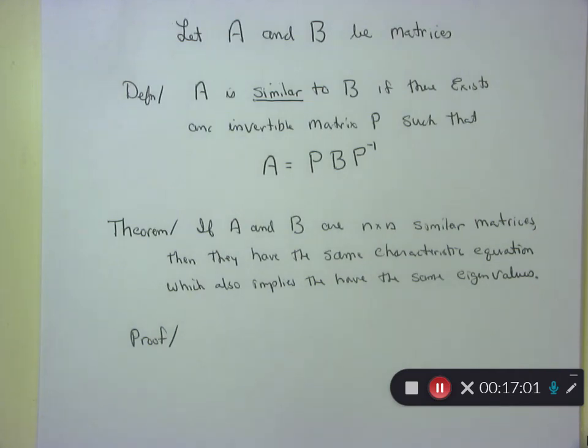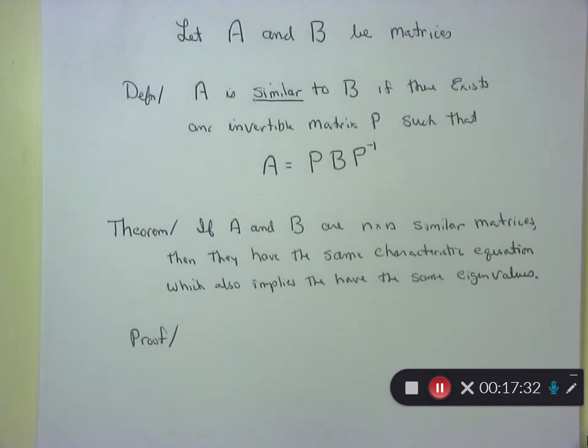Matrix A is similar to B if there exists an invertible matrix P such that A is equal to P times B times P inverse. Similar means they're not equal, not the exact same matrix, but they are close enough that they're going to have certain properties just like each other. That's what we mean by similar.